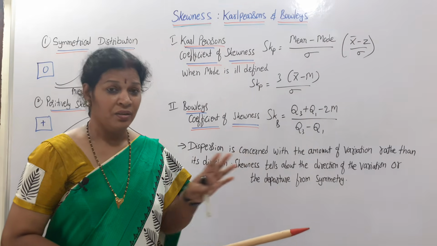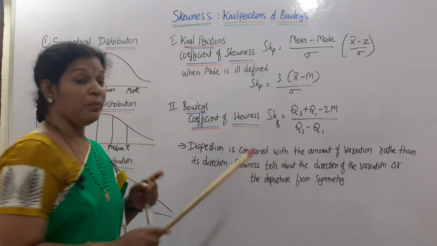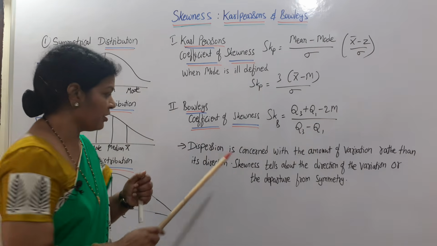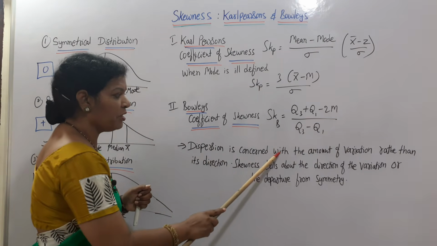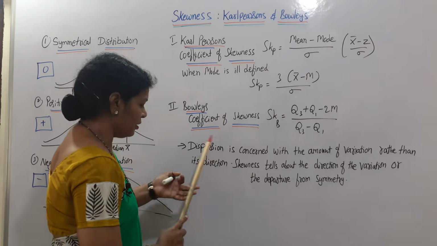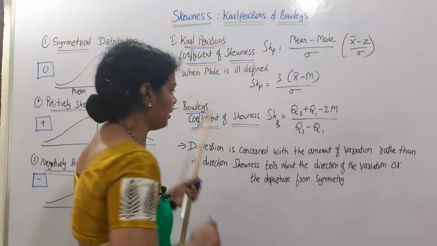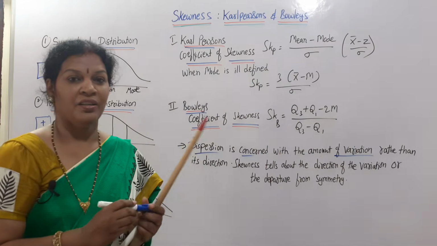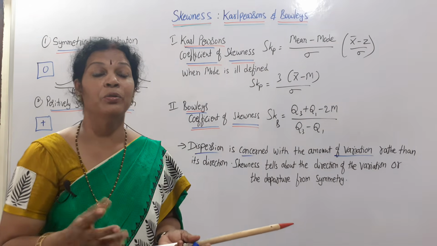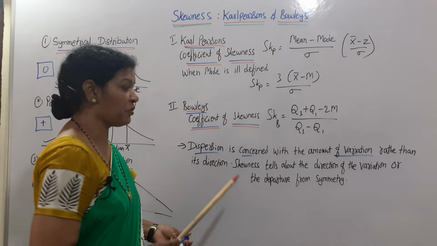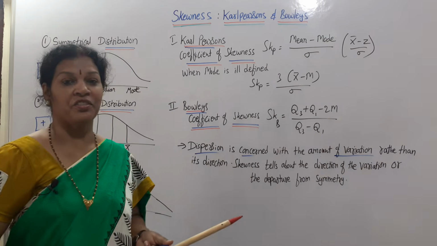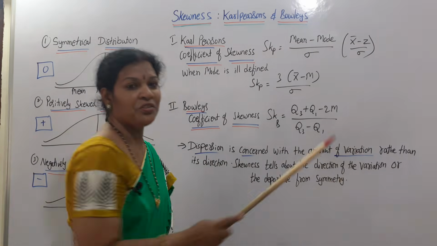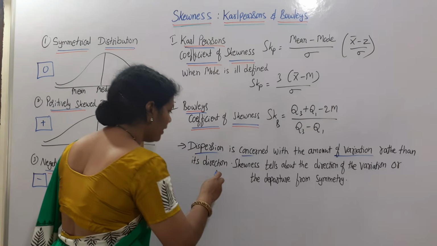One more important thing to remember: measures of variation or skewness, what is the difference? Dispersion is concerned with the amount of variation, what the value of the variation is, rather than its direction. It is not focusing on the direction.